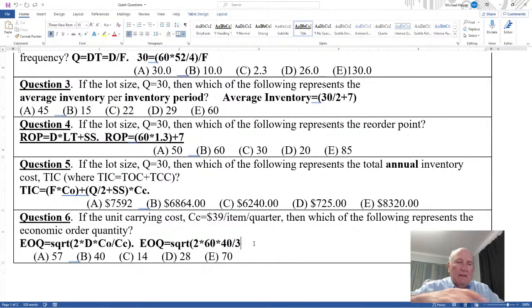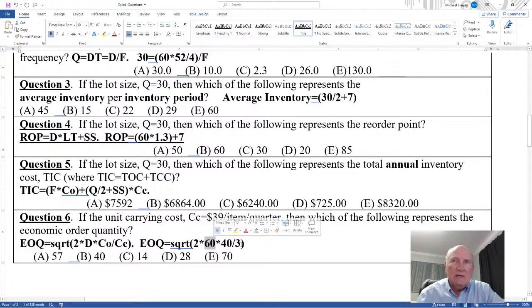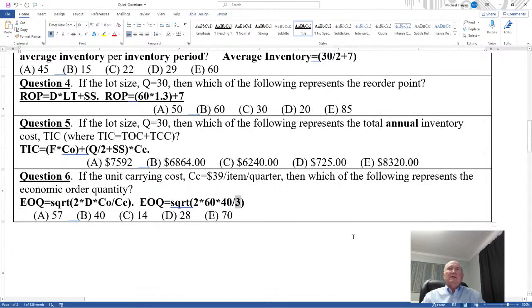So the numerator is 60 items per week, and this is cost per item per week. Just that arithmetic, you can probably do that in your head. 3 into 6 is 2, and 2 times 2 is 4. 4 times 4, the square root of 4 is 4. 10 times 10, square root of 10 times 10 is 10. Okay, 4 times 10, you can do it in your head.